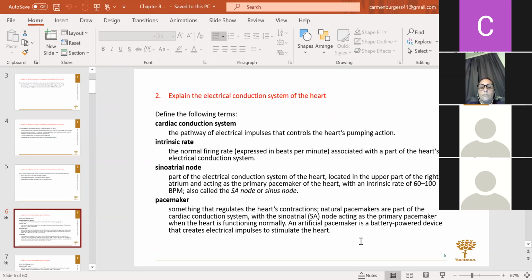So that SA node, I have to envision it when I think about or talk about the heart and the heartbeat and the electrical activity. And you have to figure it out for you. I always refer back to my lightning bolt. It starts at the top of that right atrium, it hits that SA node, and it travels a path down through the heart.